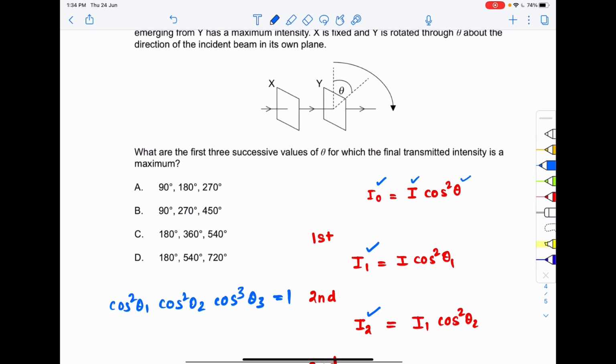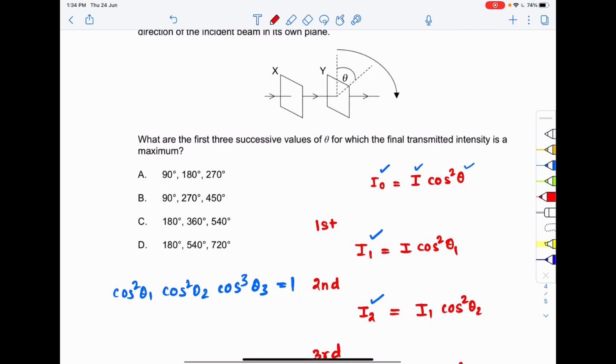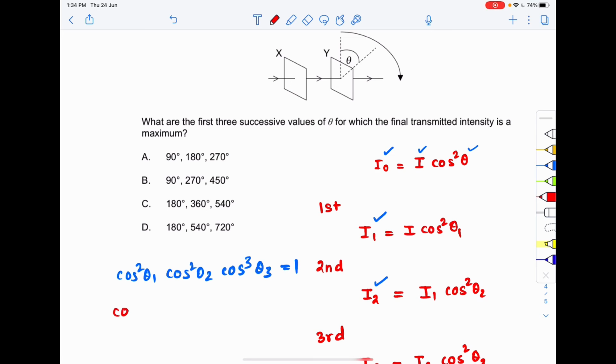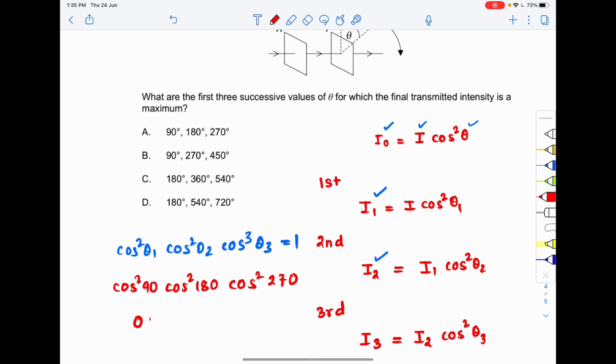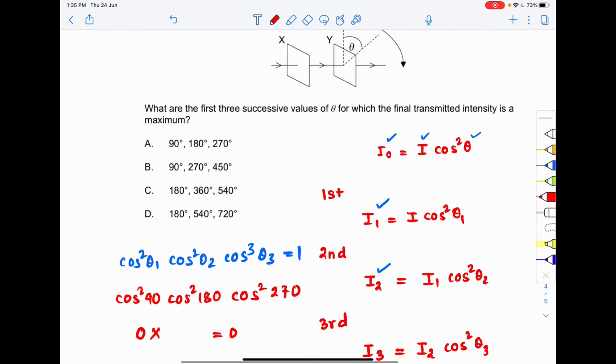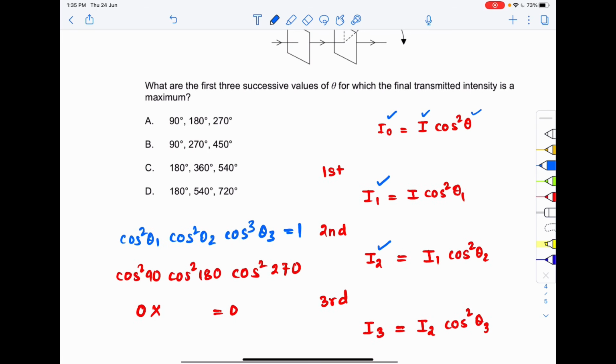For the first option, 90, 180, 270: cos square 90, cos square 180 into cos square 270. Cos square 90 is 0. 0 multiplied by anything will be equal to 0, right? So this value is becoming equal to 0, but this value should be equal to 1.